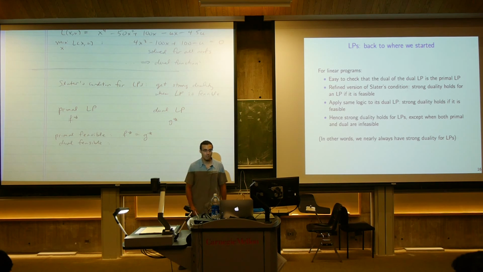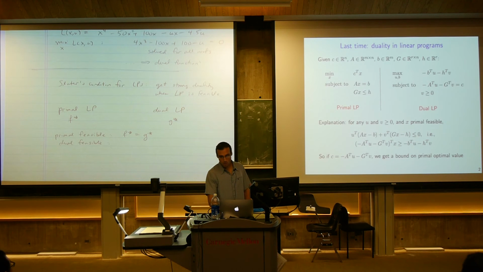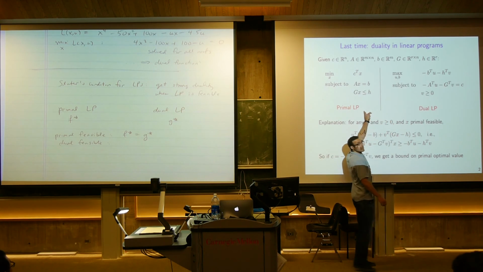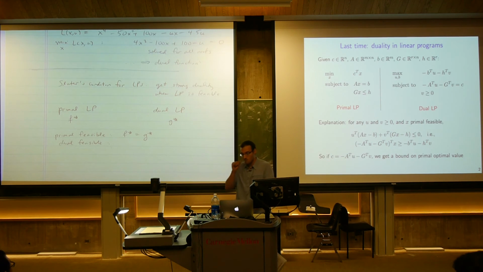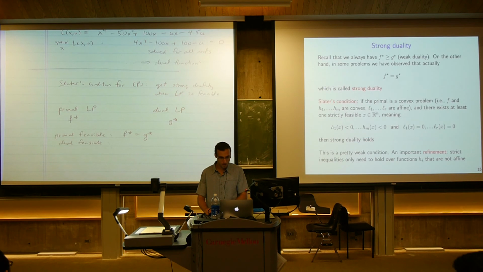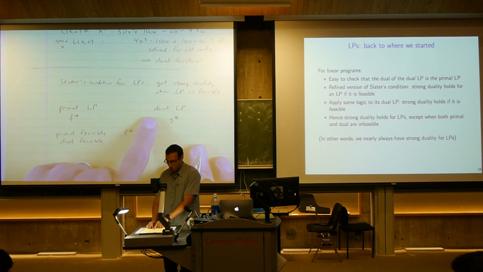Take this example at the very start of the lecture. Derive the dual of this guy. We'll see you actually get this back. Okay, so the dual of the dual is the primal for linear programs. And let's think about applying Slater's condition to the dual then.